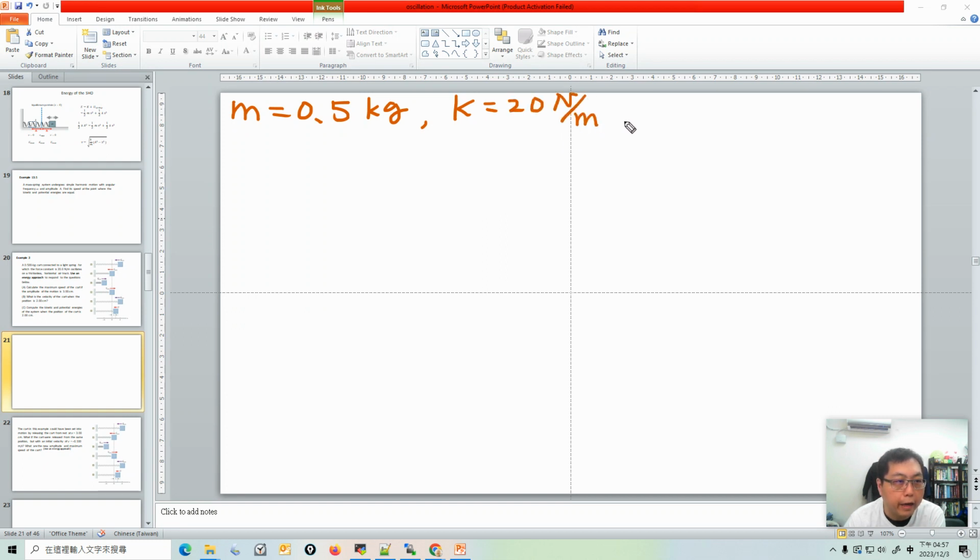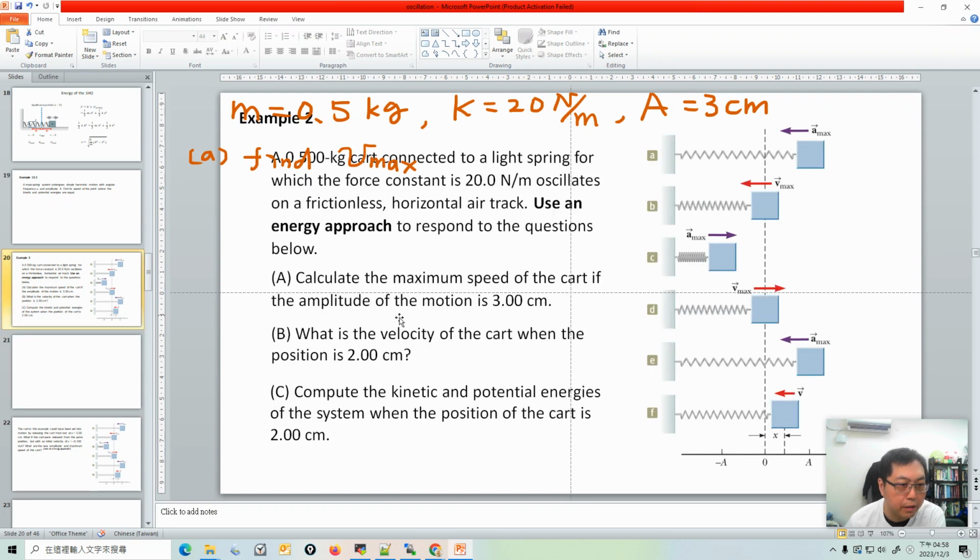The amplitude is 3 centimeters. First, we need to find the maximum velocity.